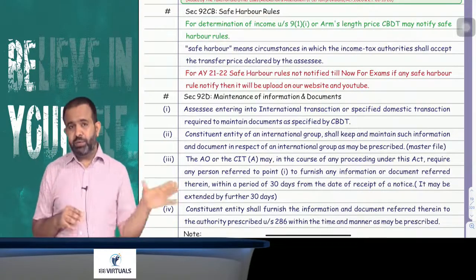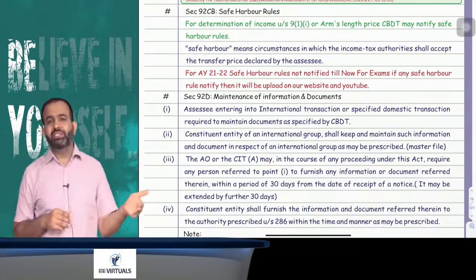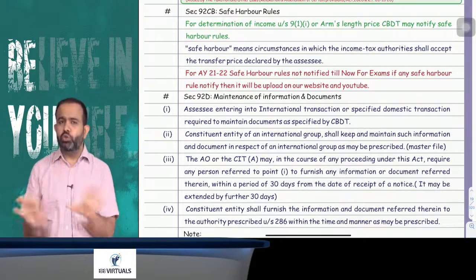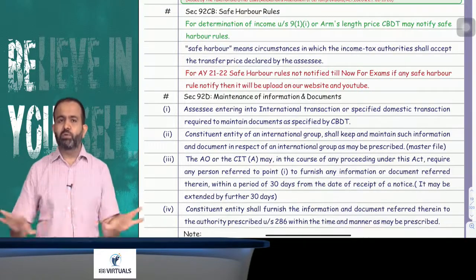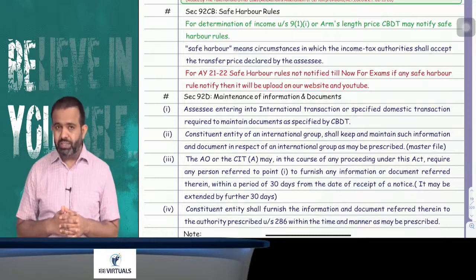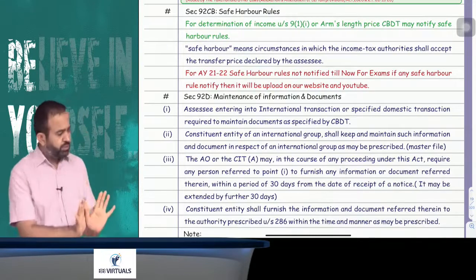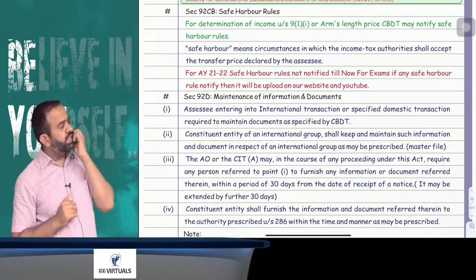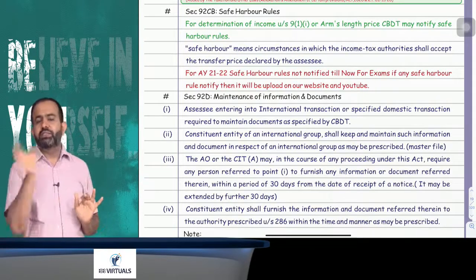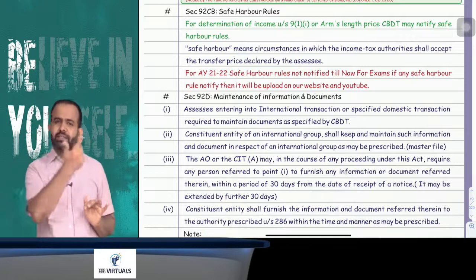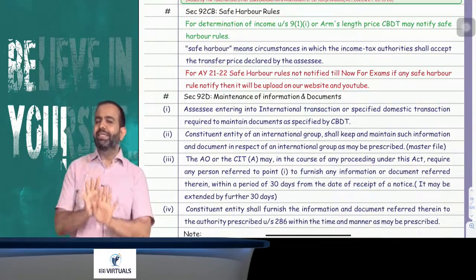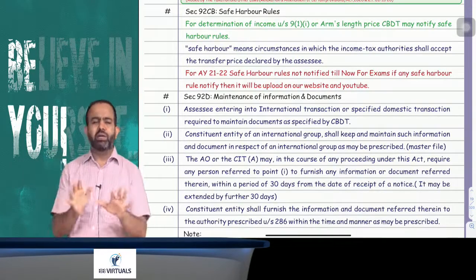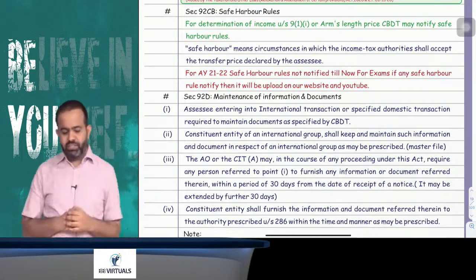Safe harbor rules were there earlier, but for your examination they are not notified till now, which means they are not applicable for your examination. Suppose the government says that in case of software development service, just disclose an 18% profit, and the assessee discloses the 18% profit. In that case, the department will not argue, and has to accept that. That is called safe harbor rules.